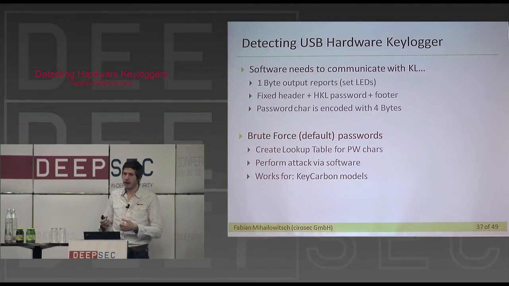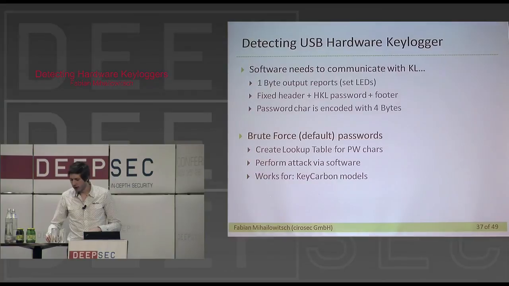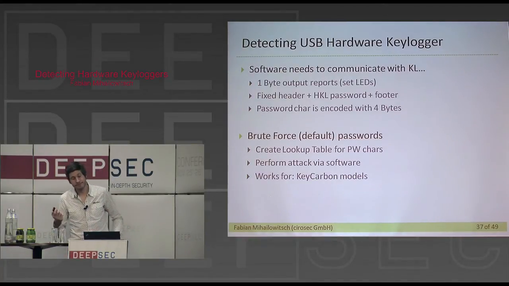So you have the header, you have the footer, and you can create a lookup table for the password chars and try to brute force the password via software, basically. And it works, but it just works for Keycarbon models, since it's the only vendor I found that actually provides a software to read out the keystrokes.